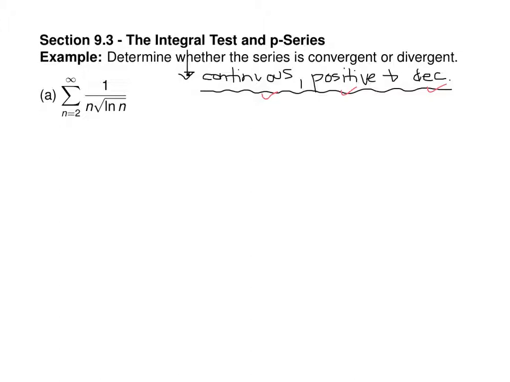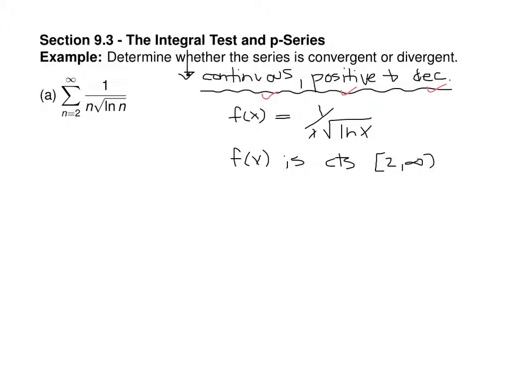So let's consider the related function f of x equals 1 over x root ln of x. We know that f of x is continuous from 2 to infinity, and we also know that f of x is positive from 2 to infinity. 2 is where my series begins.